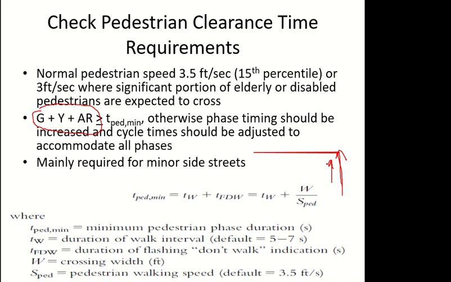I told you, if they are going in this direction, then the width is from here to here. This is the width, divided by the speed of the pedestrian. Again, for the speed of the pedestrian, we have some default values, normally 3.5 feet per second.